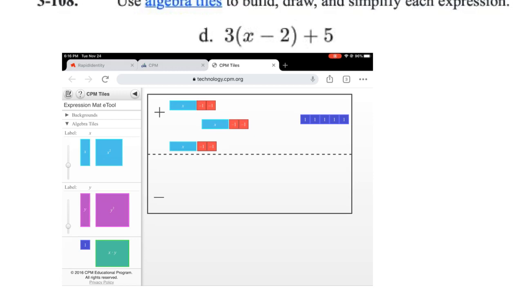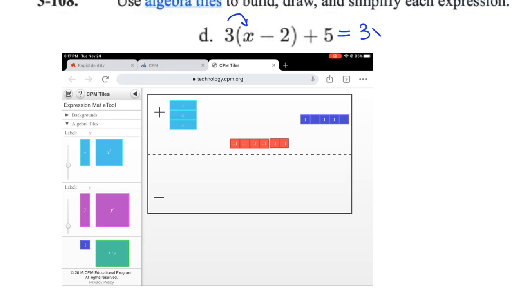Part D says 3 parenthesis x minus 2 parenthesis, and then has a plus 5. So this is 3 piles that each include an x and a minus 2, and then at the end it's also got a plus 5. So I'm going to start by combining like terms. Now I've got a 3x, a minus 6, and a plus 5.